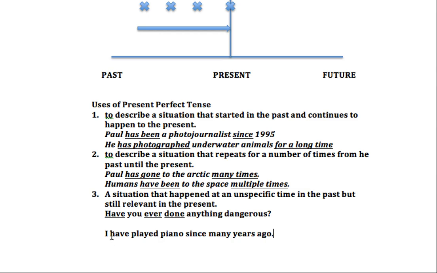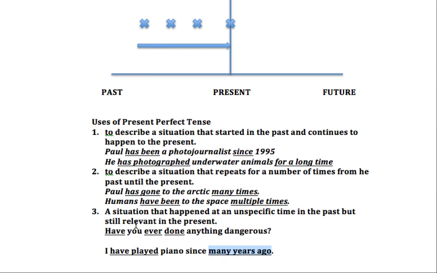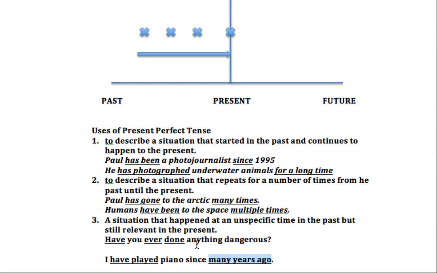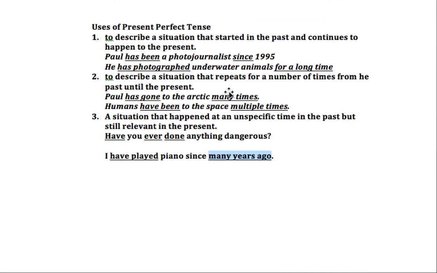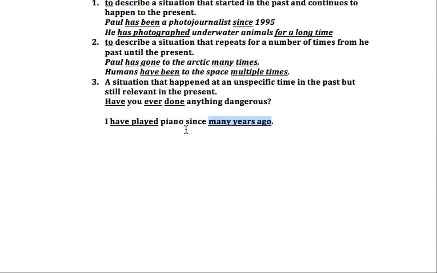So have played is present perfect tense, and then you have many years ago. So this was many years ago when I started playing piano, and I've been playing piano in the past, and until the present I still know how to play piano. So I have played piano since many years ago.